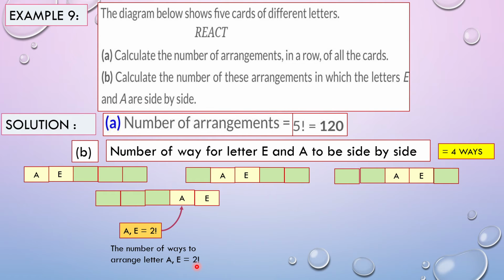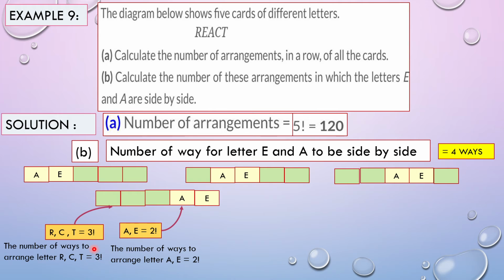Now look at the green boxes. The green boxes will be filled by letters R, C and T. And these 3 letters also need to be arranged. Since we have 3 letters, R, C and T, it is 3 factorial.